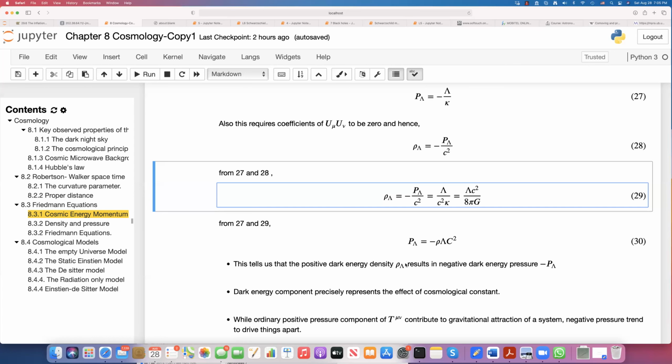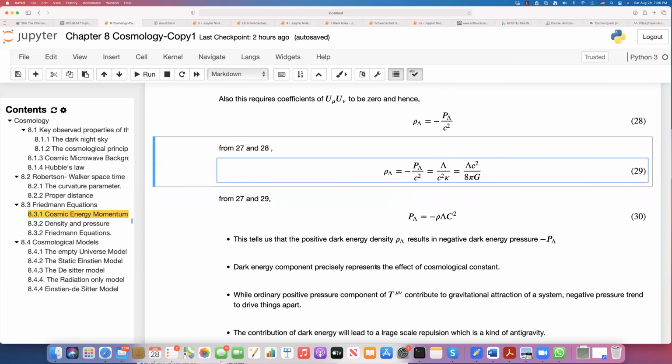A positive dark energy density rho lambda results in a negative dark energy pressure P lambda. When one is positive, the other one is negative.